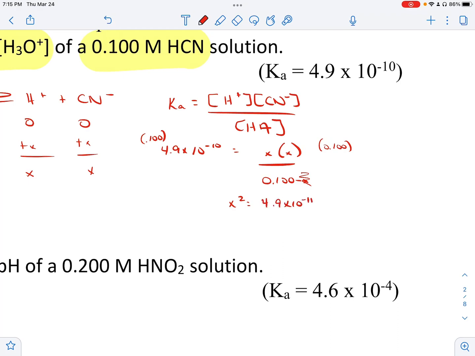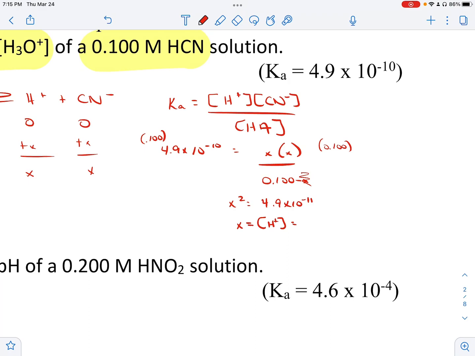I hope you did that one in your head. All right, now to get there, we need to square root that. So we're going to go ahead and just hit the square root button. All right. And so our answer for our concentration of H plus, X, which is also H plus, is going to be 7.